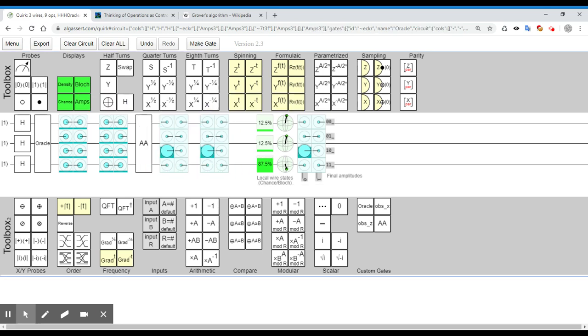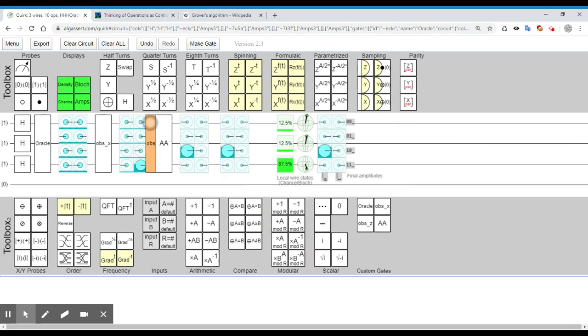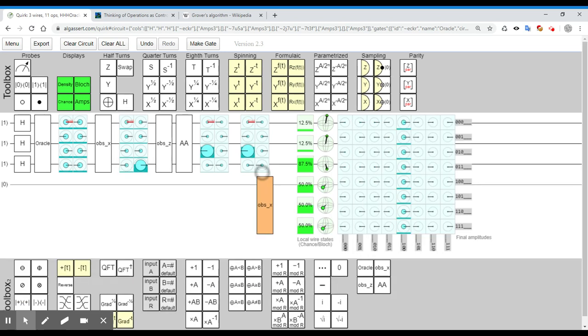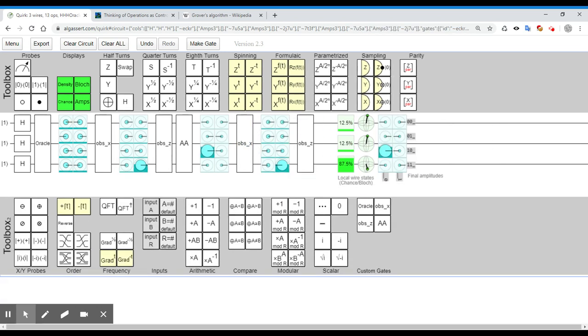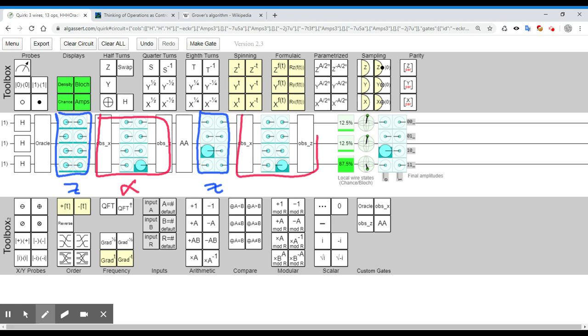Okay, and this is going to be observe X back to observe Z. So again, that is my Z observable, and that is my X observable. That makes it easier for me to see graphically.